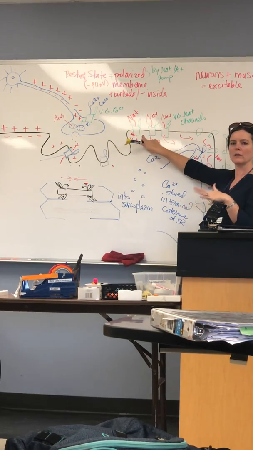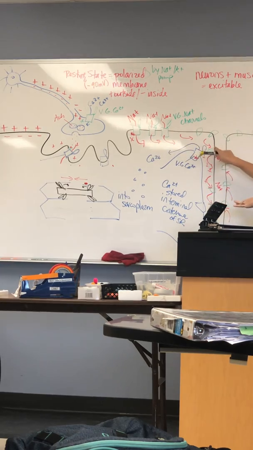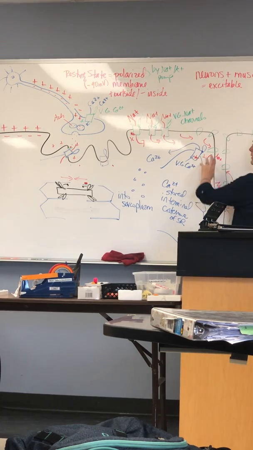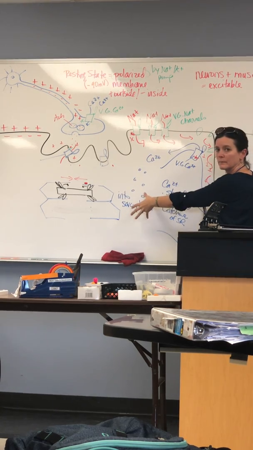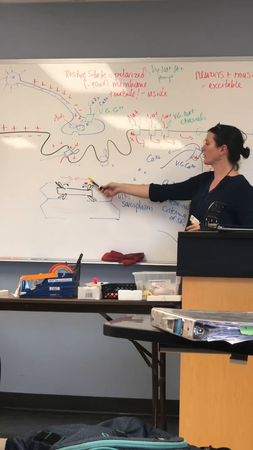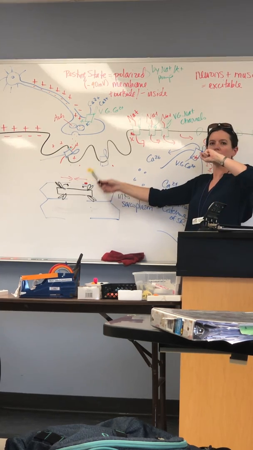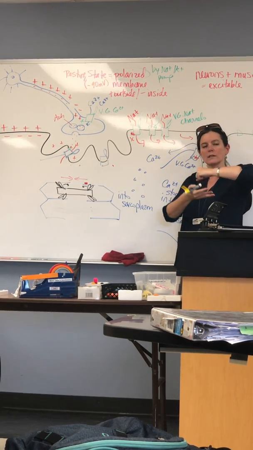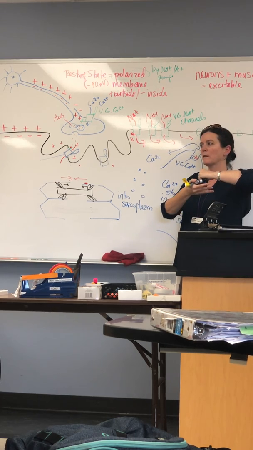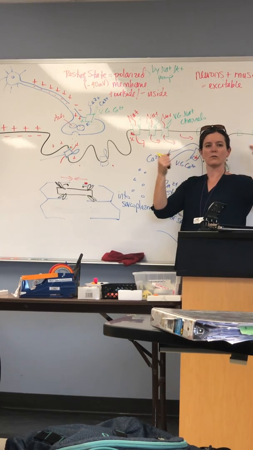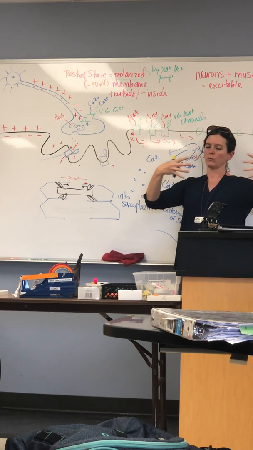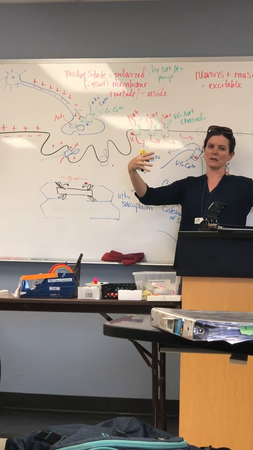Voltage gated sodium channels? Close. All these voltage gated sodium channels? Close. Are we opening up the voltage gated calcium channels anymore? Nope, they close. So we're no longer depositing calcium, which means we no longer have something attached to troponin. Tropomyosin slides back into place. The myosin heads let go, and everything goes back. Okay?